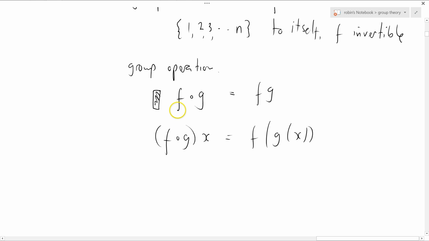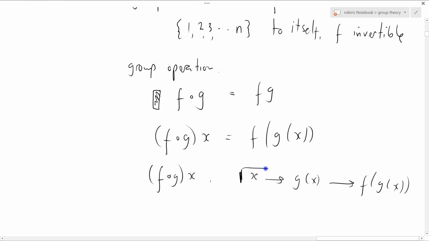So my set is functions from this set to itself. And there's a function f, and here's another function g. So I want to combine those two functions. It makes sense to do this, to get x, and then take g of x, and then take f of x. So I'm saying that f composed with g as a function of x, how do I do that? Well, I get x goes to g of x, which then goes to f of g of x.